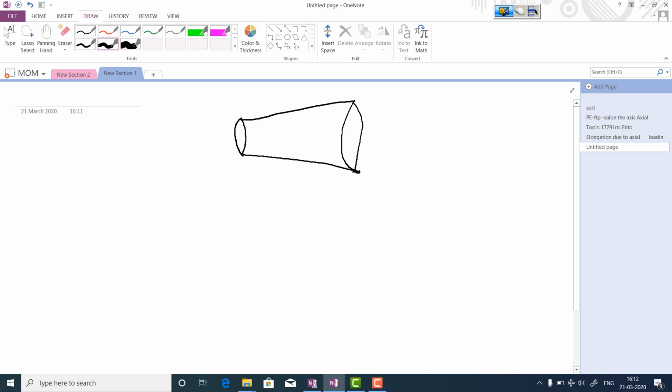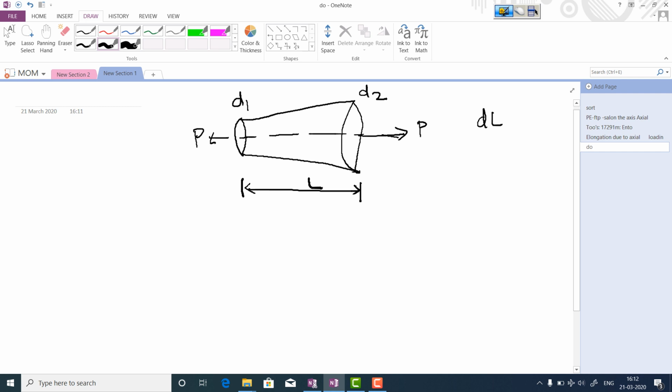Here the diameter is d1 and here the diameter is d2, and a constant load P is acting on both sides. Here P. Now its initial length is given as L. We need to find the change in length, delta L.